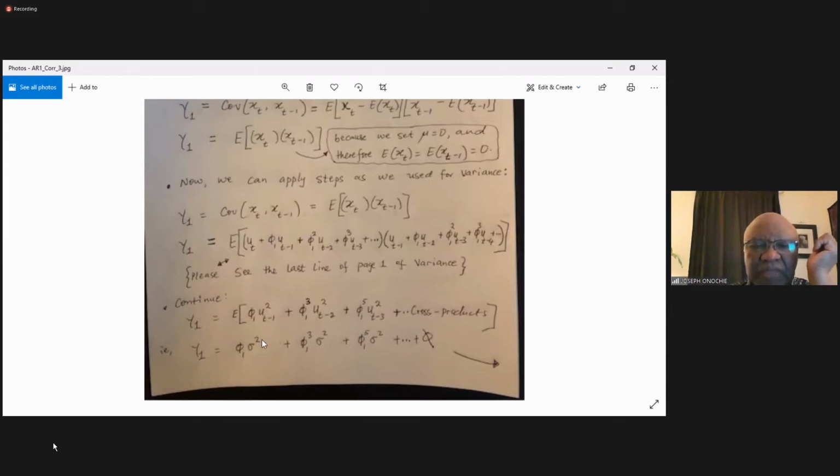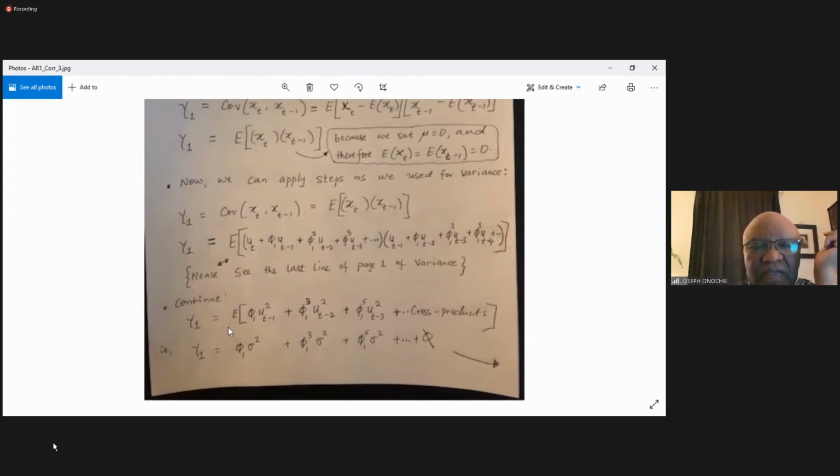Okay, so it boils down to this one, this one, this one, plus phi 1 to the 7, plus phi 1 to the 9. So these are all going up by 2: phi 1 to the power 1, phi 1 to the power 3, phi 1 to the power 5, 7, 9, 11, and so on and so forth. And everything else that has cross product of the UTs, 0. So my autocovariance at lag 1 will be equal to this expression.